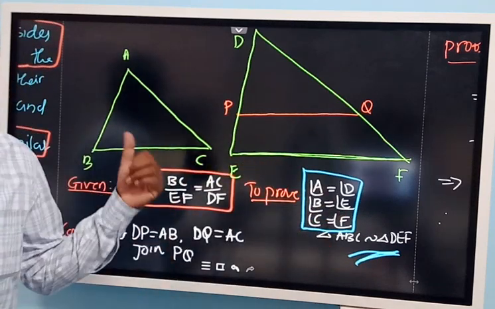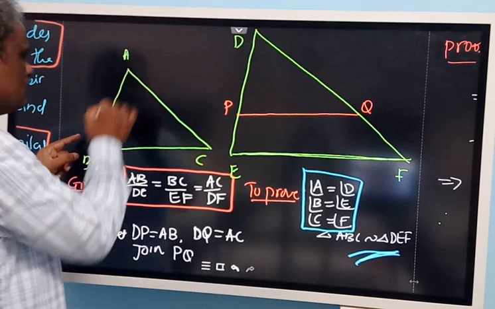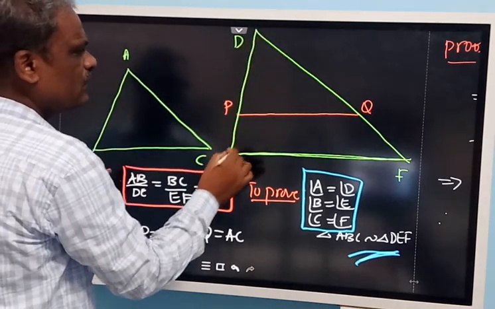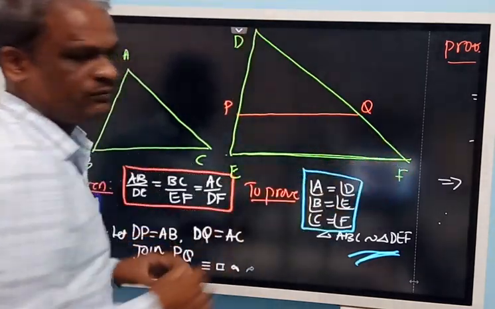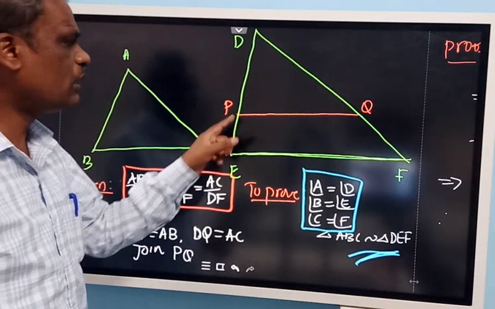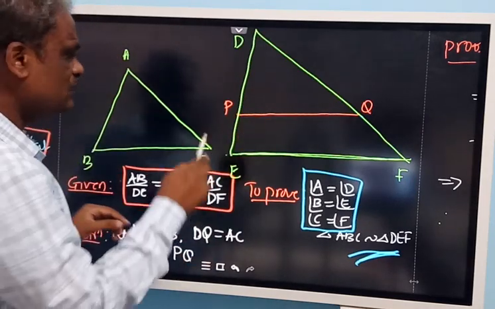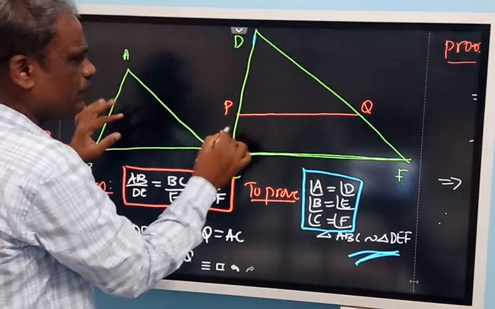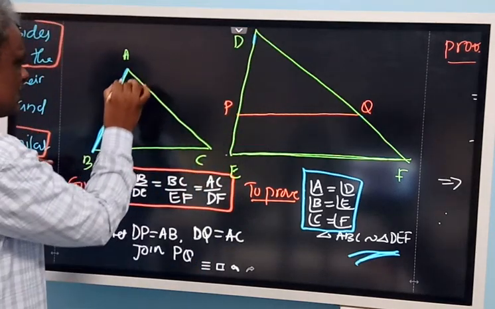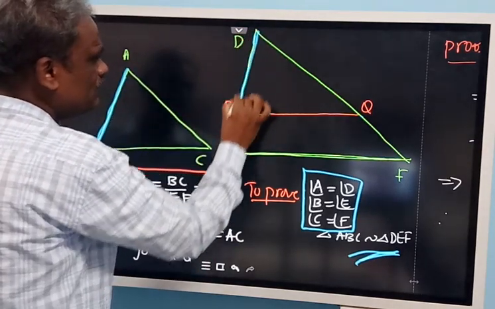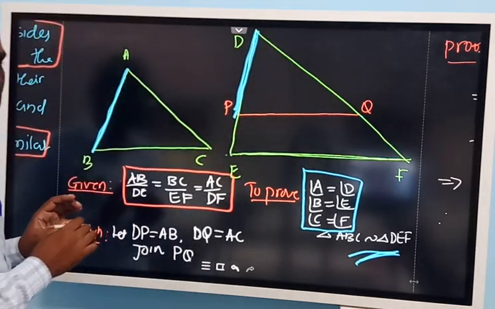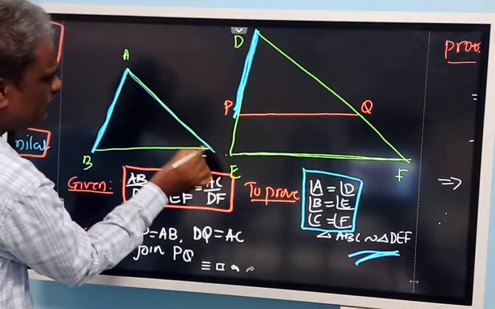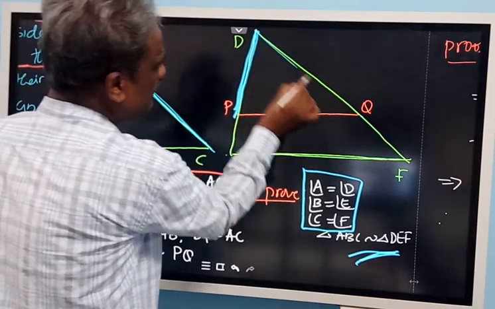Just similar to the previous theorem, let us take a point P on DE and point Q on DF. What is the condition? How do you have to take P and Q? Such that AB should be equal to DP. The length AB should be equal to DP. These two line segments are equal. Then AC should be equal to DQ.